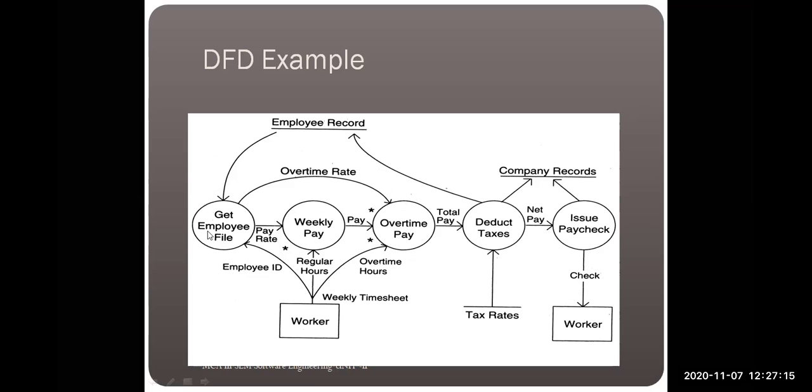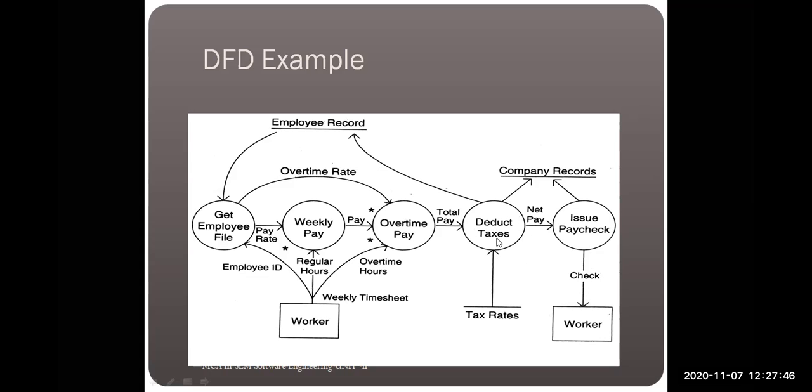All the circles here are representing transformations. These are all transformations, also called processes. After calculating all the pay regarding overtime, weekly pay, everything, the total pay will be generated after this process, and that will be given as input to the deduct taxes process.